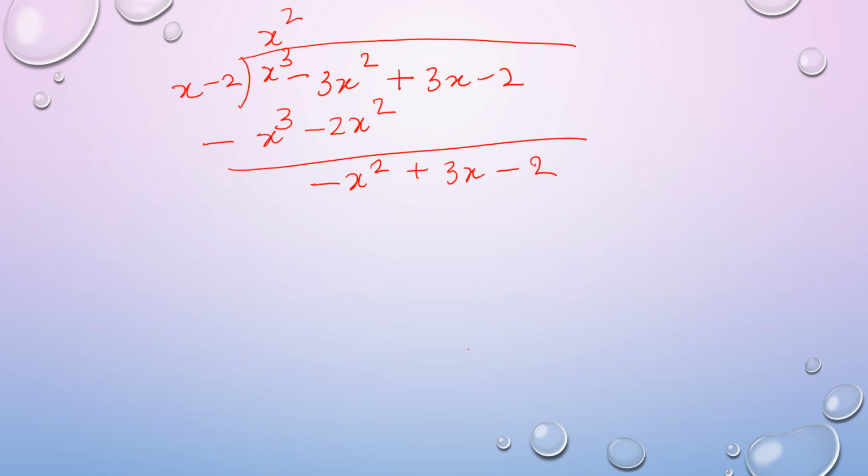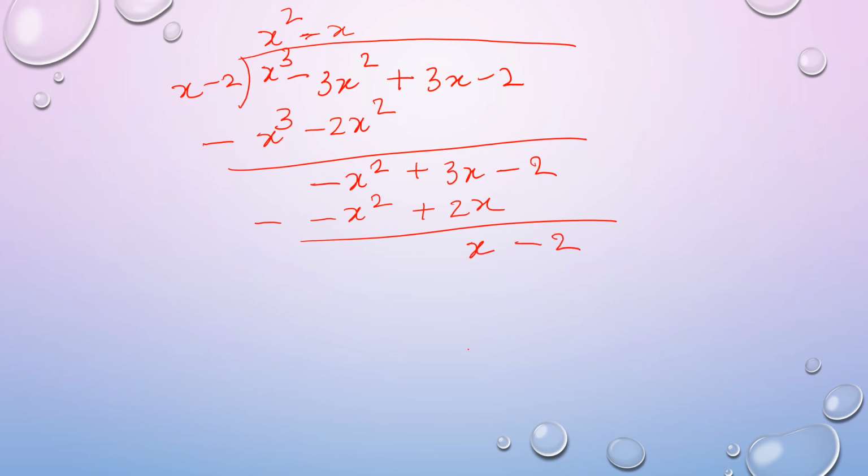So continue the division. Minus x square divided by x will be equal to minus x. So you write here minus x. Minus x into x will be equal to minus x square. Minus x into minus 2x will be equal to 2x. So now subtract. Minus x square minus x square will be equal to 0. 3x minus 2x is x.